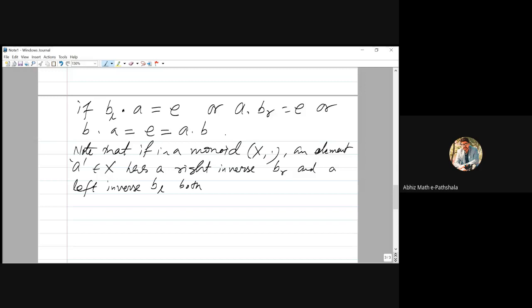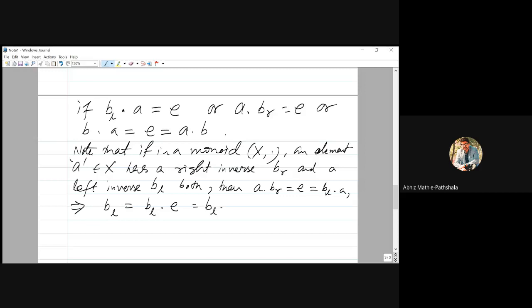Then what will happen? By the definition of right inverse, you can write the equation as A dot BR equal to E. And by the definition of left inverse, this is BL dot A equal to E. Using these two equations, suppose it is BL, then you can write BL dot E, since E is the identity.